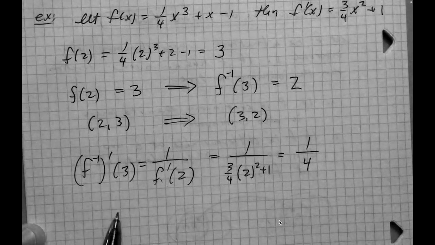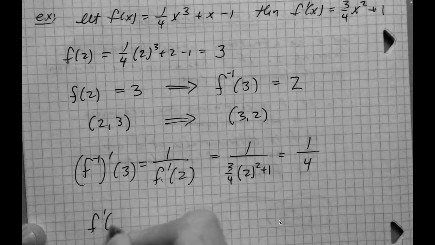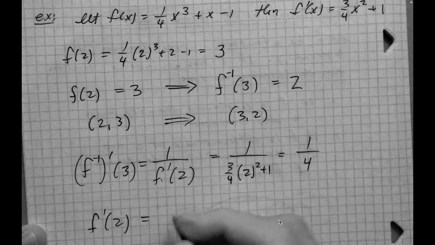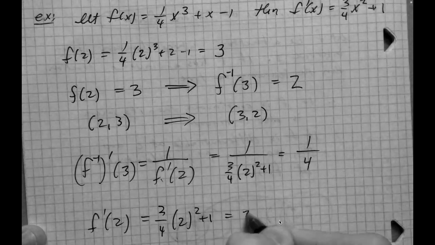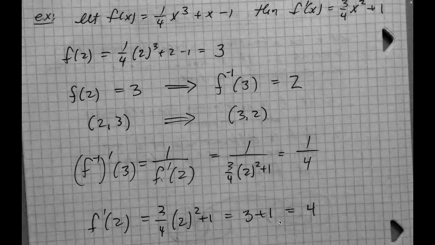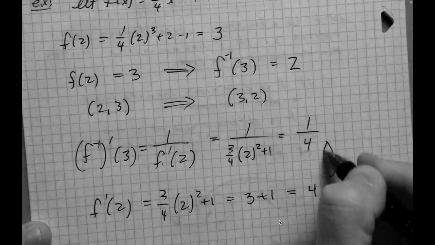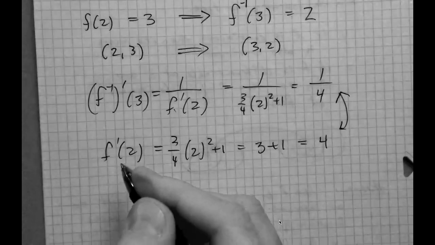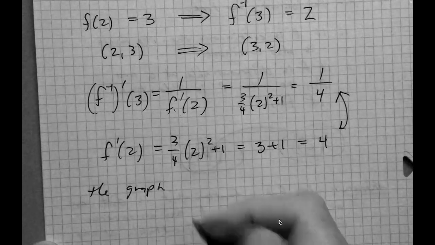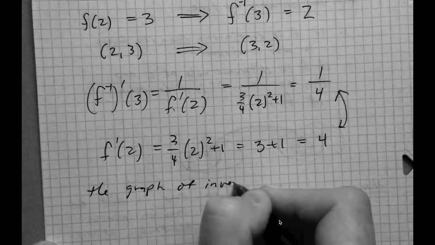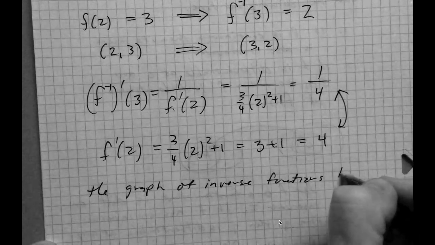Well, what is the derivative of f at 2? So f prime of 2 is equal to, you can plug all of these things in. And what this boils down to is that the graphs of inverse functions have reciprocal slopes.